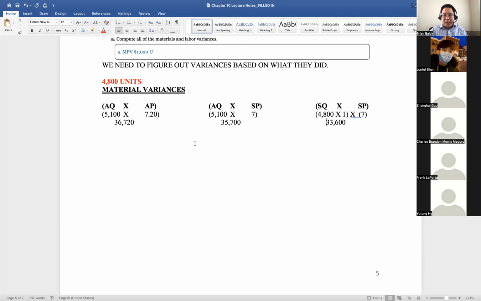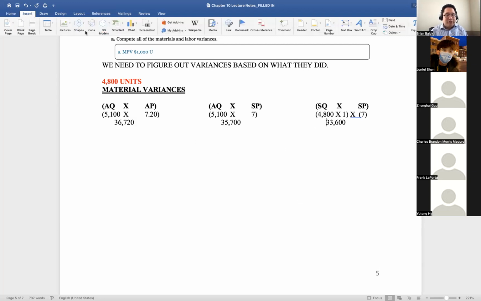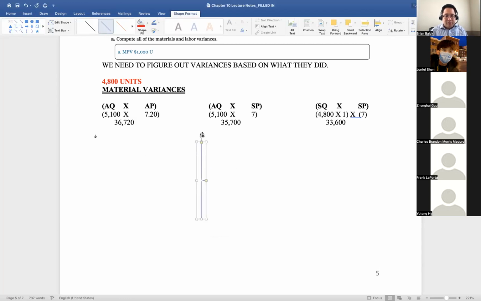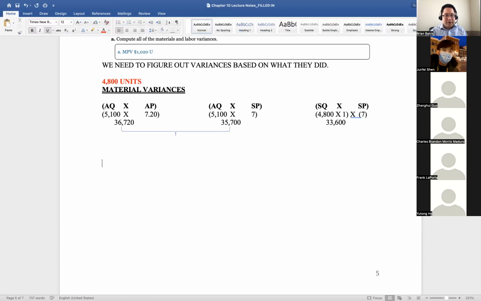Okay, so then we're going to get a variance. We're going to get three variances actually, right? So our three variances are going to be, let me make some brackets here. We're going to get a difference between the first number and the second number, right? That's going to be one variance.